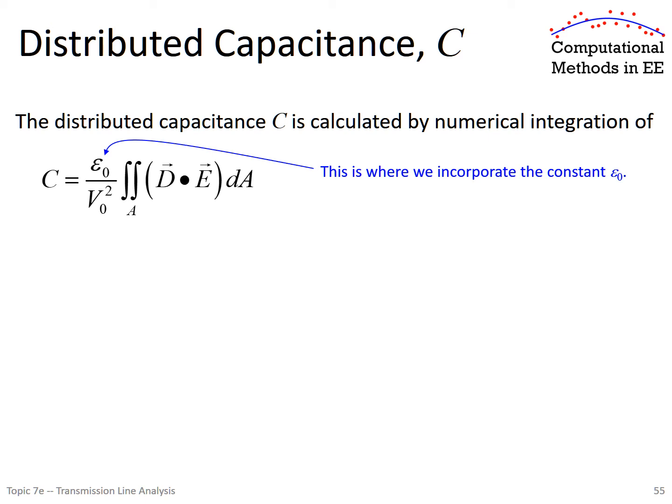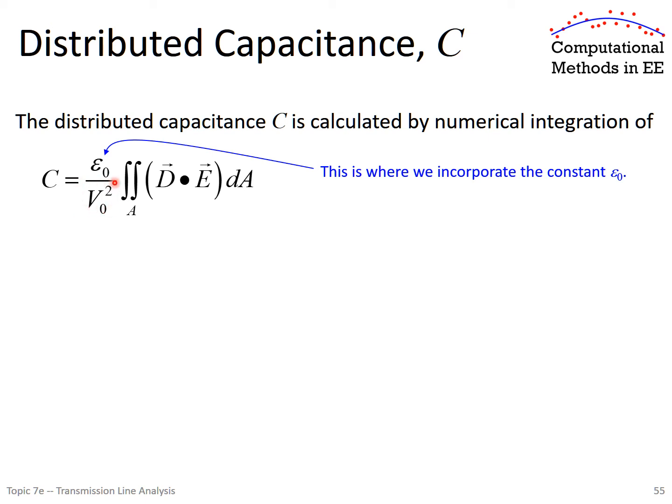Strictly speaking, the epsilon naught does not belong here. It belongs in the previous equation, but it's good numerical practice to keep your variables normalized as long as possible. And since this is our very last calculation, that's where I put in that ugly constant epsilon naught, which is 8.854 times 10 to the minus 12. That's an ugly number, so it goes in at the last point.